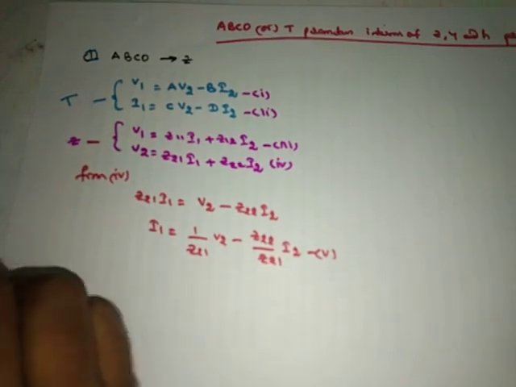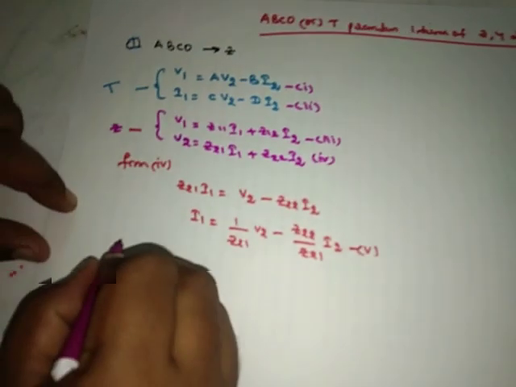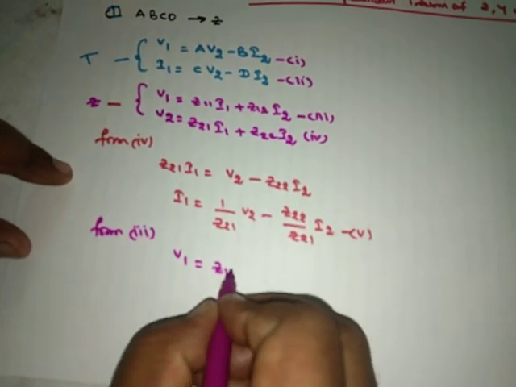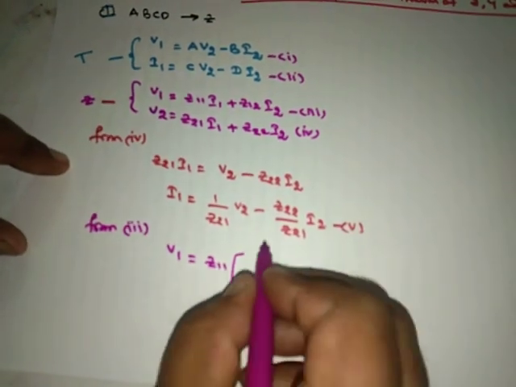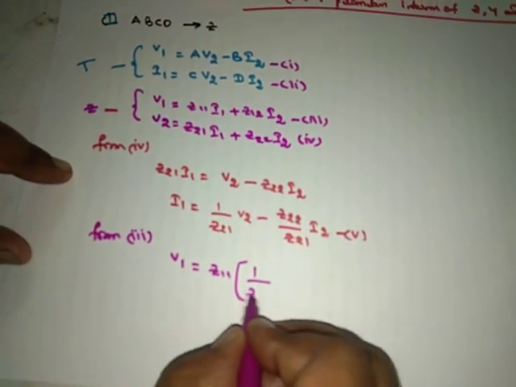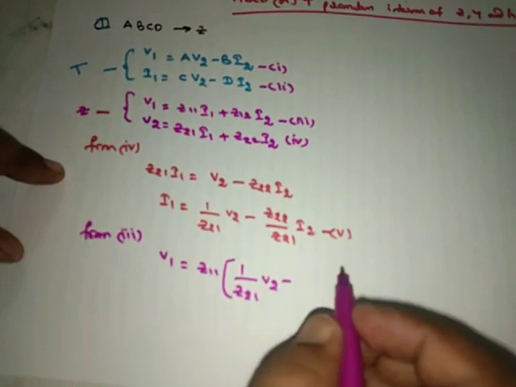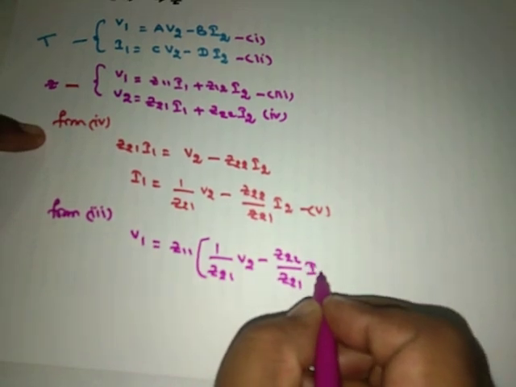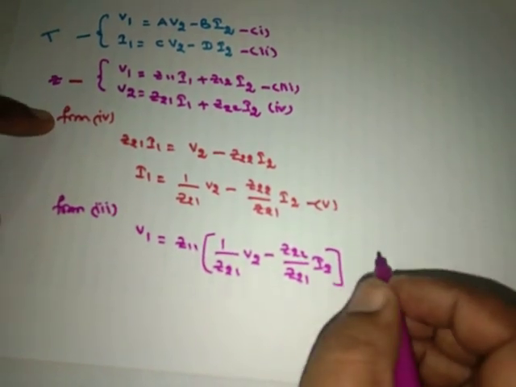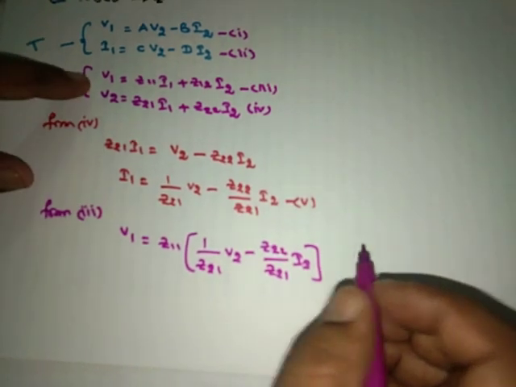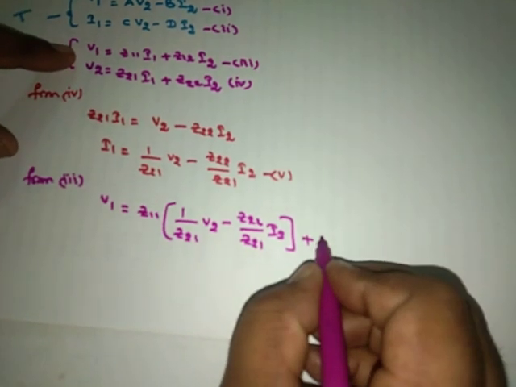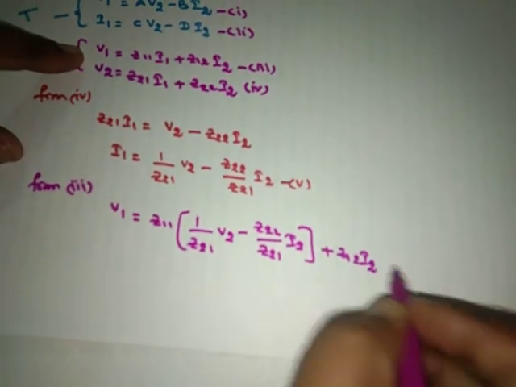Now from 3, V1 is equal to Z11 I1. Substitute I1 here: 1 by Z21 V2 minus Z22 by Z21 I2, plus Z12 I2.